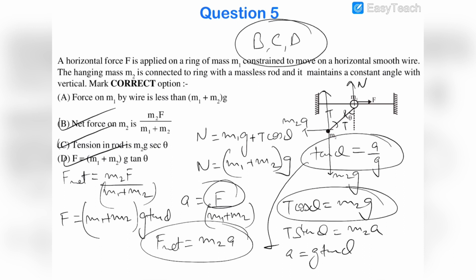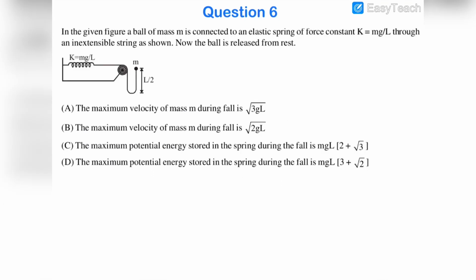Now we move on to the next question. In this question, you can see that there is a spring whose spring constant is mg by L, and there is a ball of mass m which is connected to a thread which is connected to the spring at the other end.